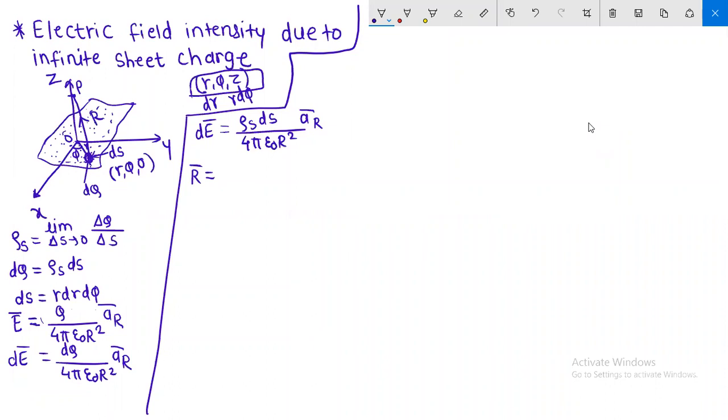Okay. Now tell me the coordinates of point P. Is r present there? R means the distance from origin to this point. Now the point is placed in x and y coordinate only.